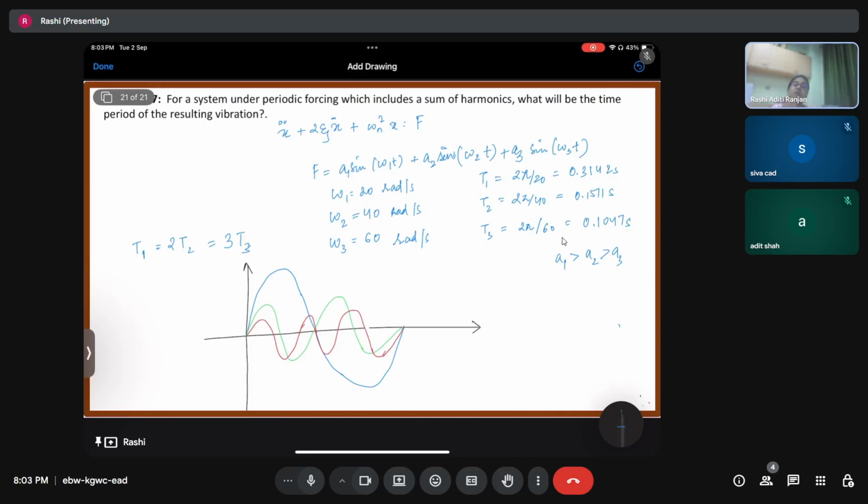But we should always look into the response which has the maximum period, and it should be the integral multiple of all the minimum periods. If that is the case, then the maximum period is going to be the period of the resulting vibration. Simple. I hope this is clear.